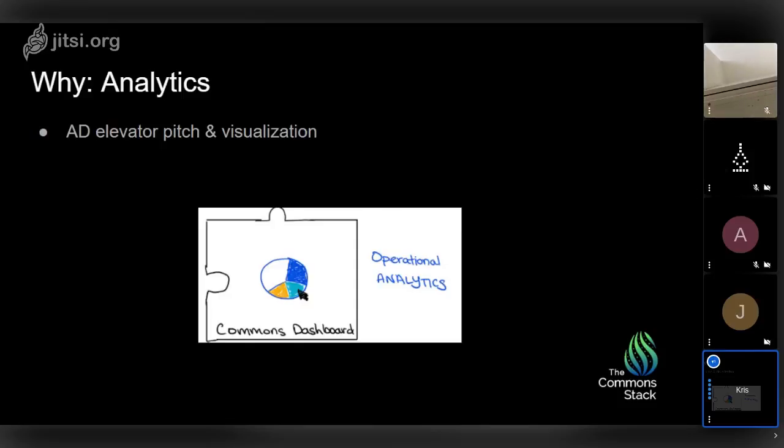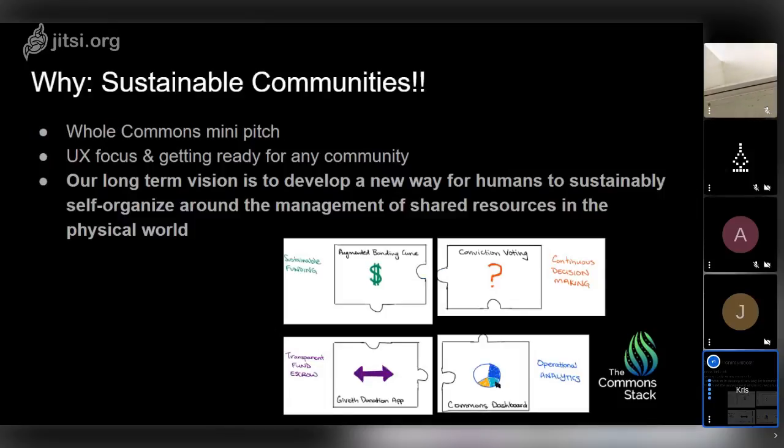Then the next point is, what is the big thing? It's just reminding it one more time as a conclusion that in the end, we are building sustainable communities. And this is what we want to get to in the end with our final iteration. I haven't used the word iteration, as you might have noticed, but actually this is going through the iterations.